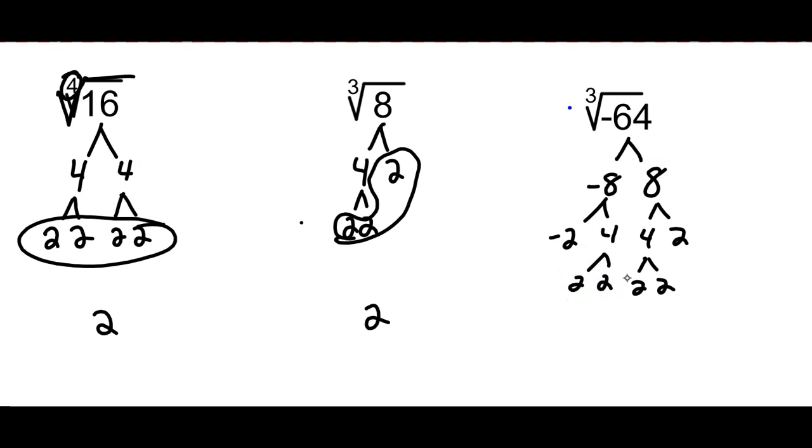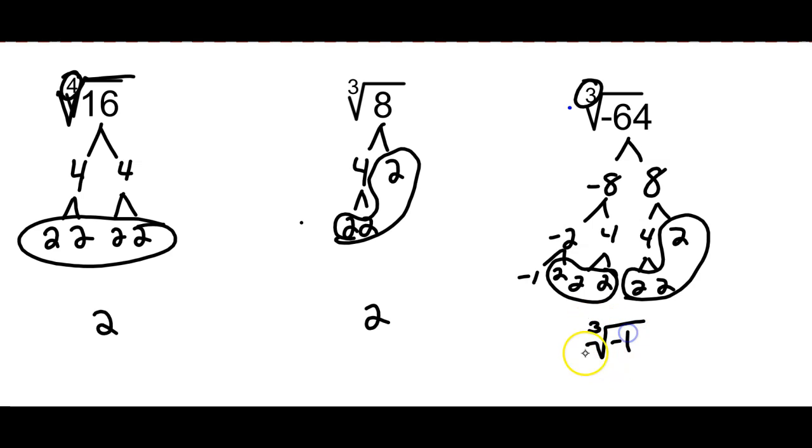And so looking at this, I'm looking for groups of 3. So I've got one group of 3 right here. And I've got another group; we could take this 2 and make it negative 1 times 2. So I could say that this is the cubic root of negative 1 times 2 times 2. Notice this equals 2, this equals 2, and this is still being cube rooted, which becomes 4 times the cubic root of negative 1.